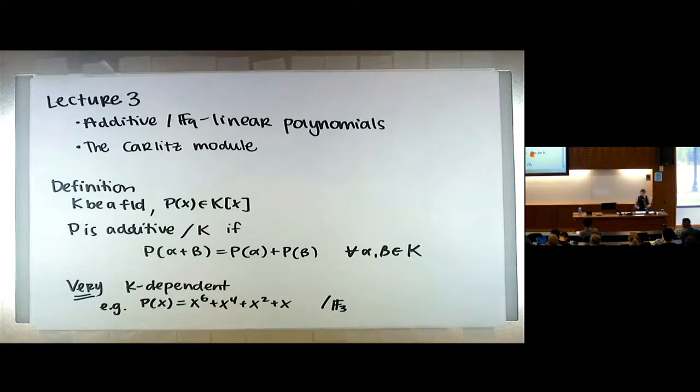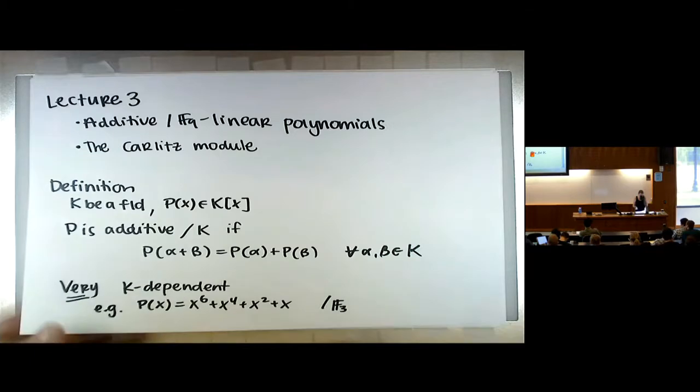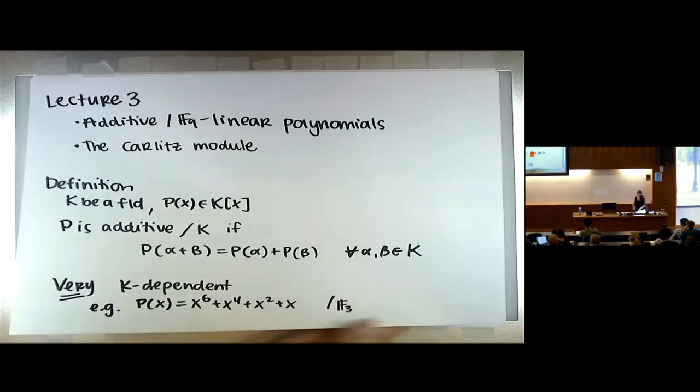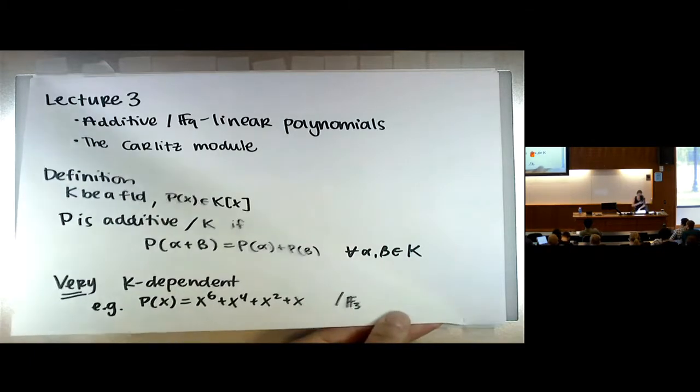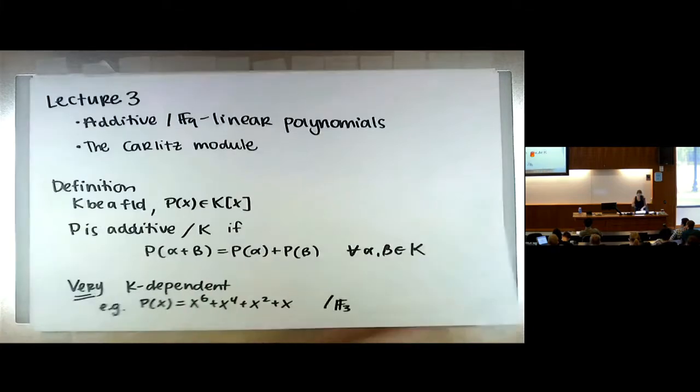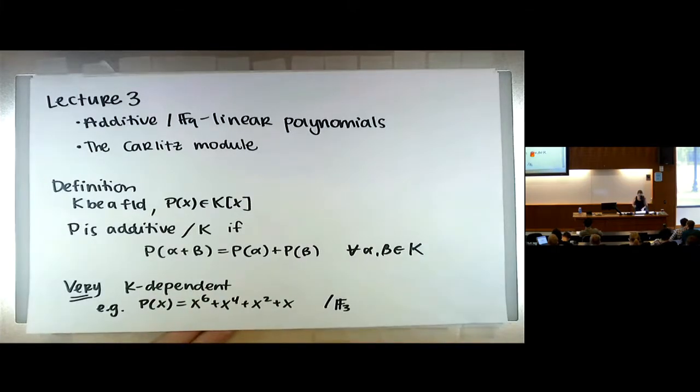So, you're kind of cheating. Right, and so maybe that's not the best definition of additive, but that's the one Goss gives, and that's the book I'm following. And besides, I don't care about finite fields, so it's not that big a deal for me.